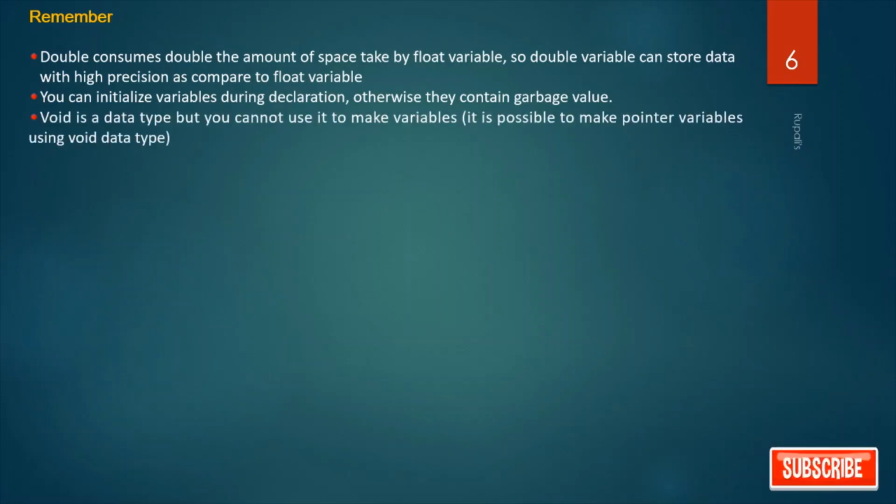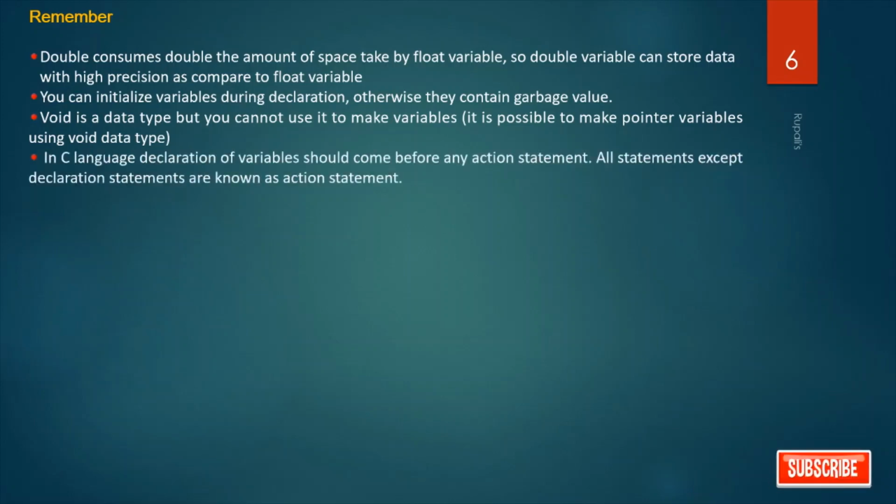Void is a data type, but you cannot use it to make variables. But in case of pointers, it is possible to make pointer variables using void data type. In C language, declaration of variables should come before any action statement.